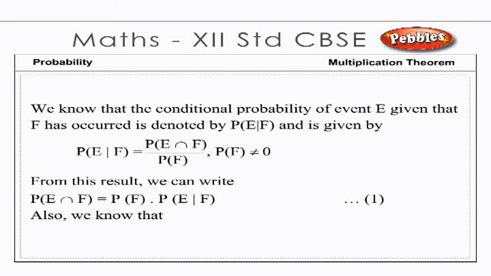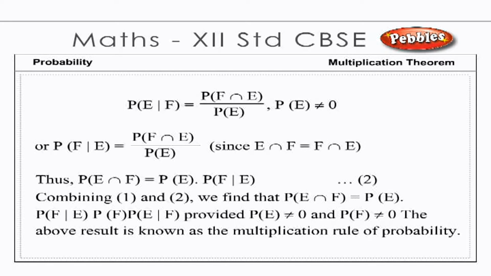From this result, we can write P(E intersection F) equal to P(E) into P(E|F), equation 1. Also, we know that P(E|F) equal to P(F intersection E) by P(E), P(E) not equal to 0.